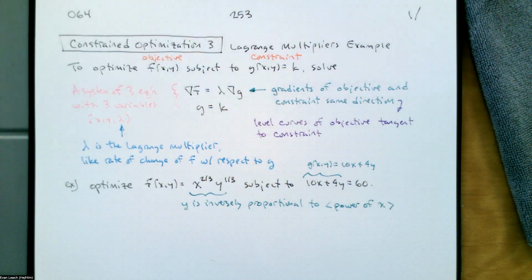Generally, this is what's going to happen with this kind of setup: it'll be inversely proportional to some power of x.